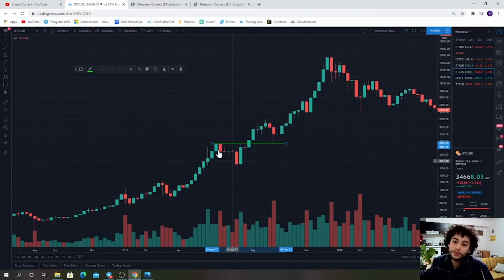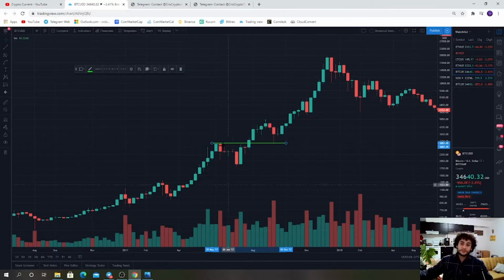However, once we broke above this little price area, the price came back down and tested it. And it couldn't go lower than that, right? So this resistance turned into a support. So we know that when analyzing charts, support can become resistance, and then resistance can become support.